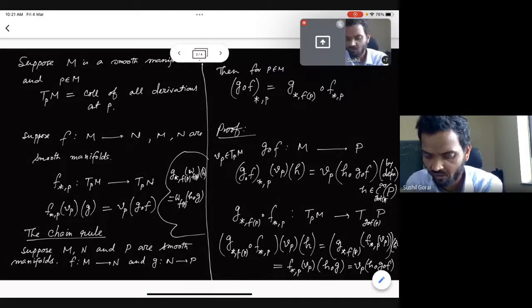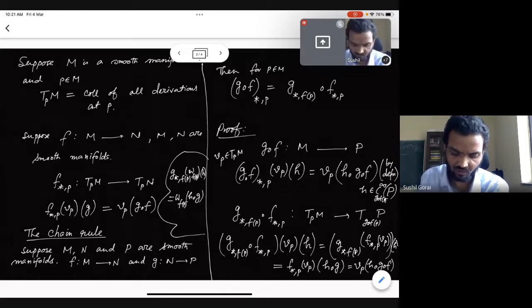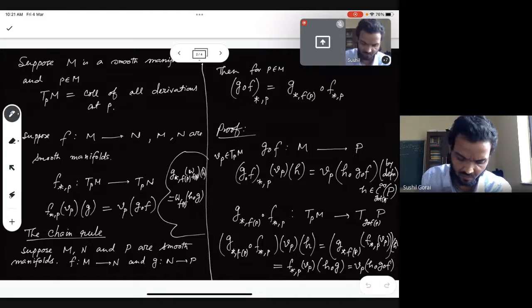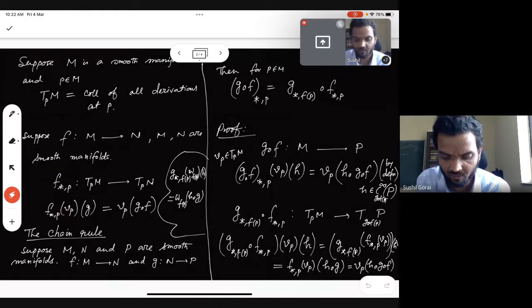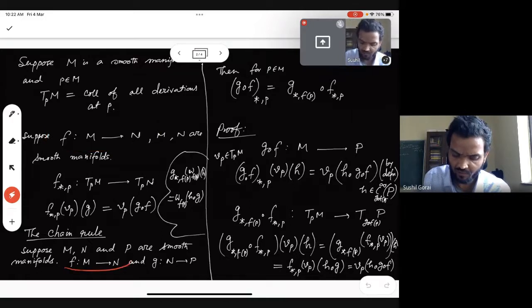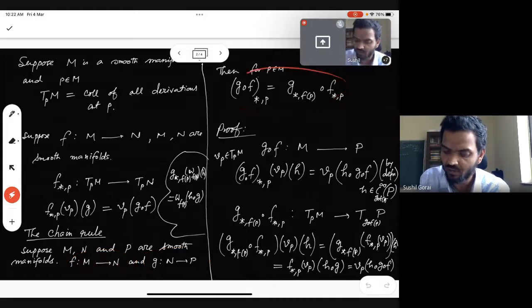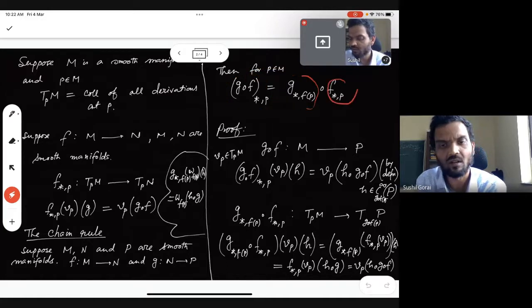We just hold accordingly, right? So recall the notation. This notation is the notation for the derivative of a smooth map between manifolds, right? And chain rule: if you have a smooth map from M to N and a map from N to P, then the chain rule gives you that the differential of the composition is the composition of the differentials.